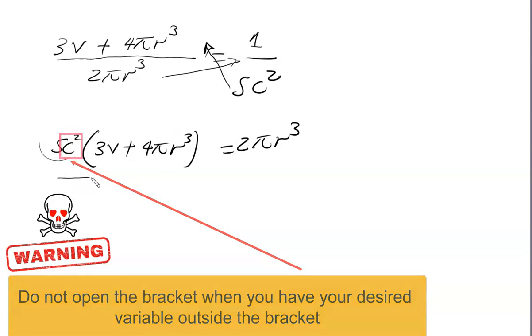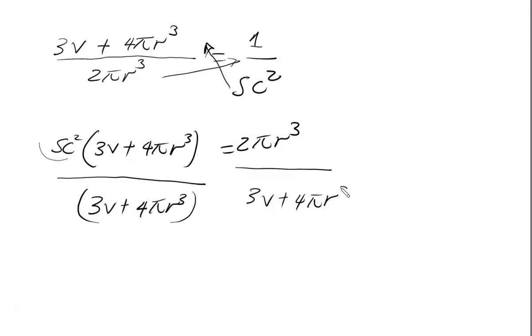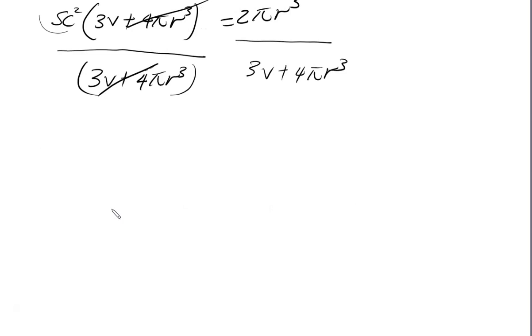So we can divide by 3v plus 4 pi r cubed on both sides. This cancels that. So we have sc squared is equal to 2 pi r cubed divided by 3v plus 4 pi r cubed.